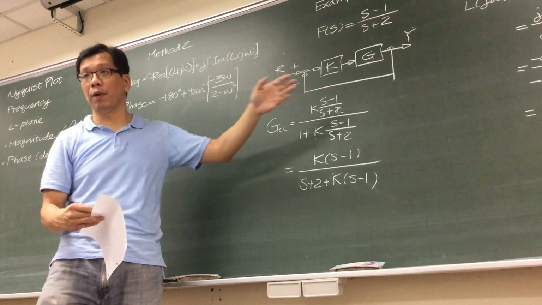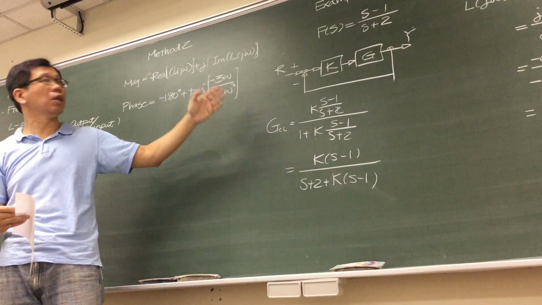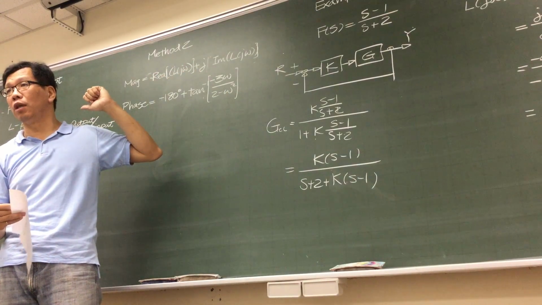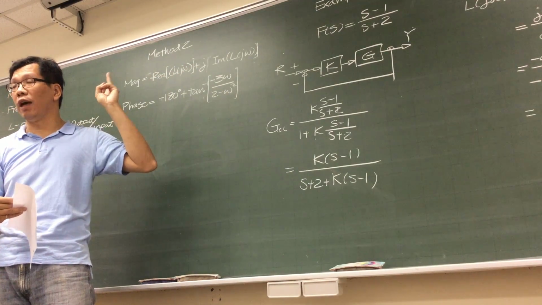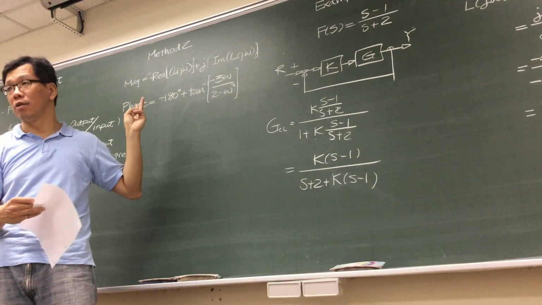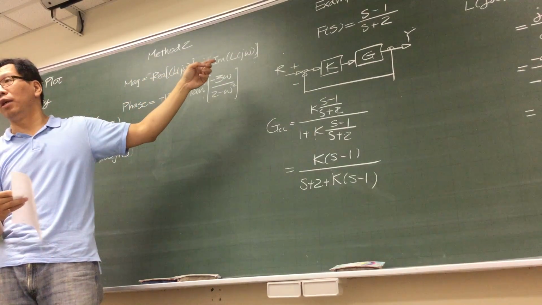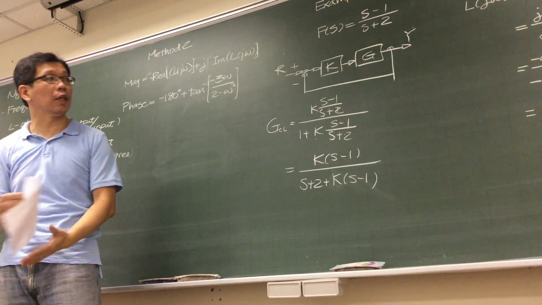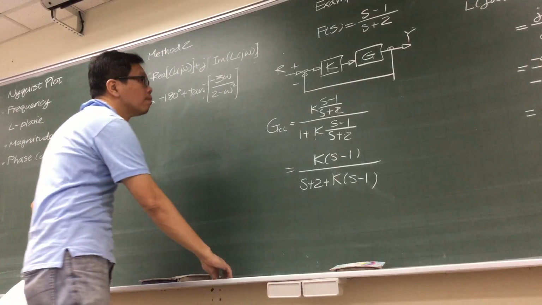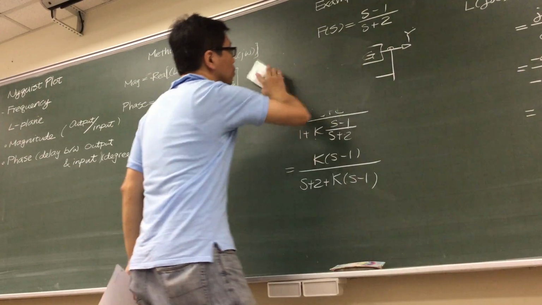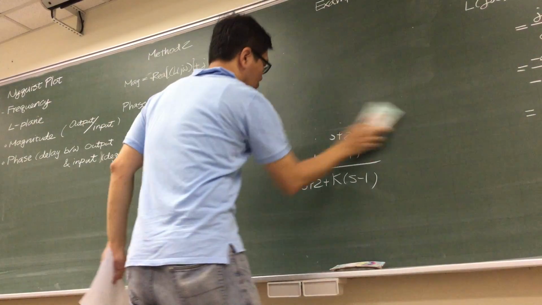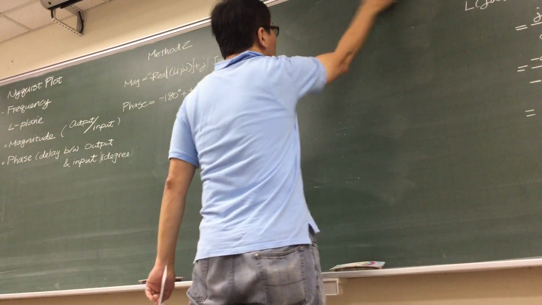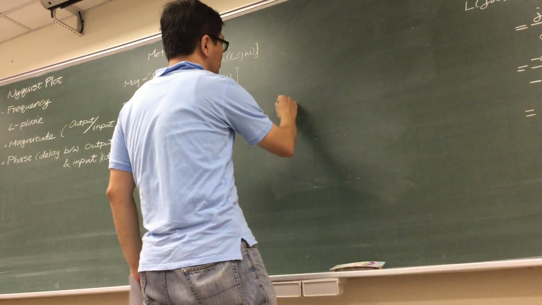Okay? Everybody realize we're talking about something. The magnitude can be represented in two methods. One is the absolute value. The other one is the real part plus the imaginary part. But how are we going to use those two altogether? I'm going to draw that in the middle. So as I said earlier, we are going to plot everything on L plane.